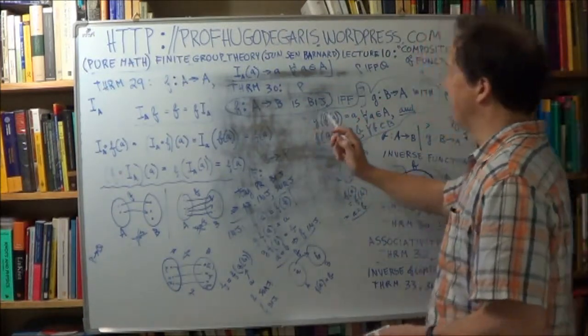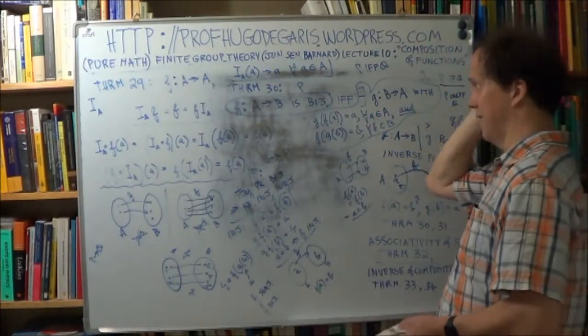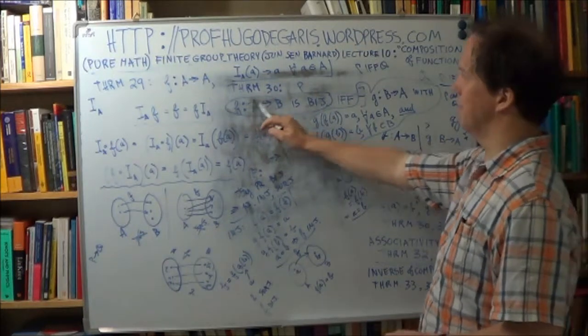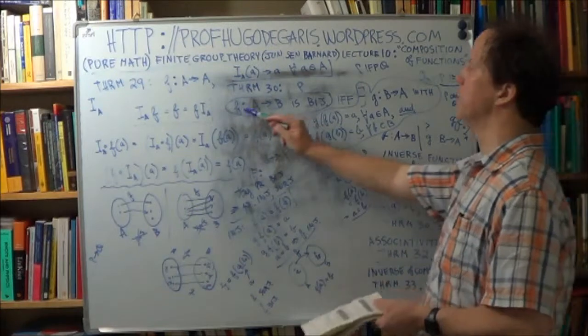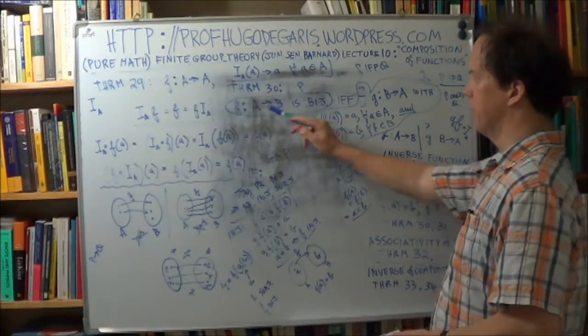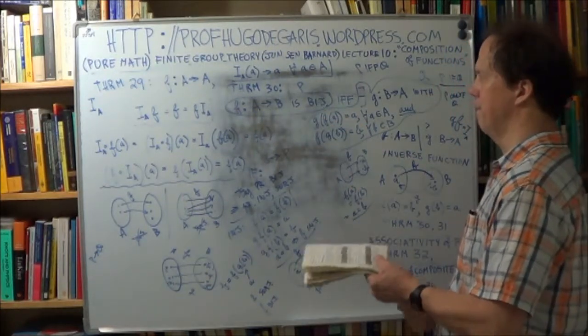I've done this many times now, you're probably used to this. So we start now with the assumption, we're assuming that F is bijective is true.